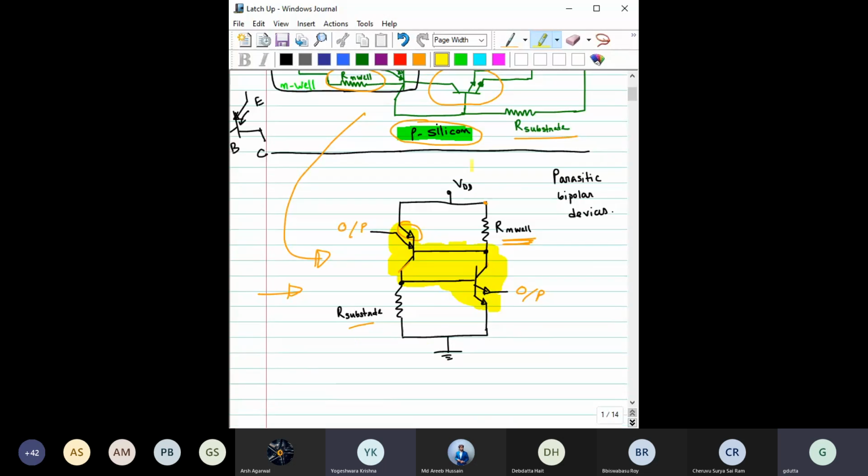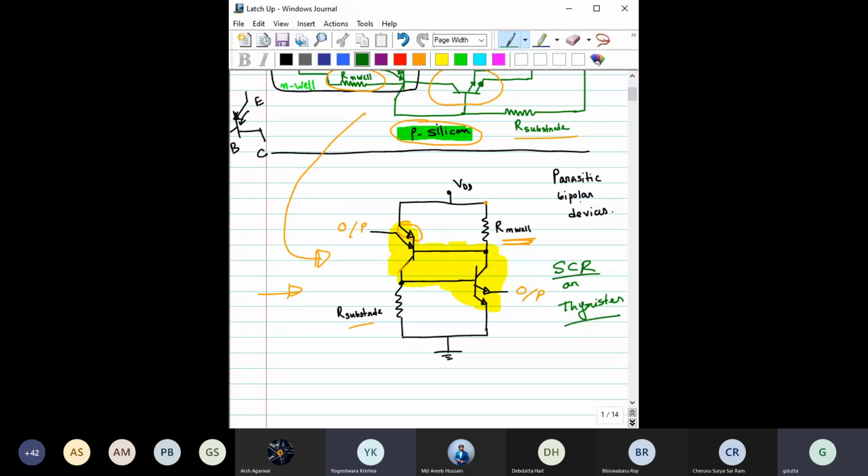If you now consider the highlighted regions, that is basically the circuit representation of a device called SCR, silicon controlled rectifier, or thyristor.